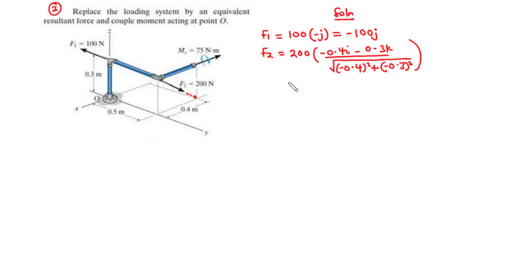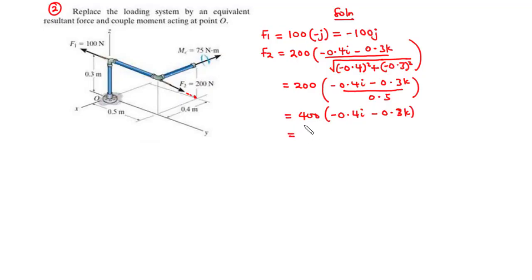Now if you resolve this, you have 200 times negative 0.4i minus 0.3k, and the denominator becomes 0.5. 200 divided by 0.5 is 400. So you have 400 times negative 0.4i minus 0.3k.